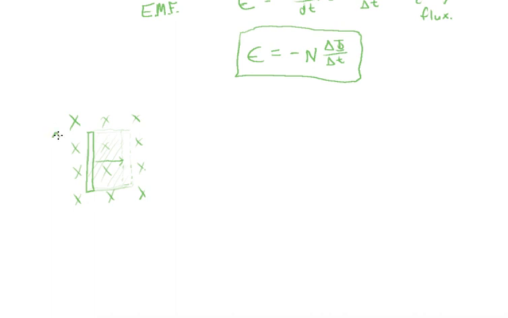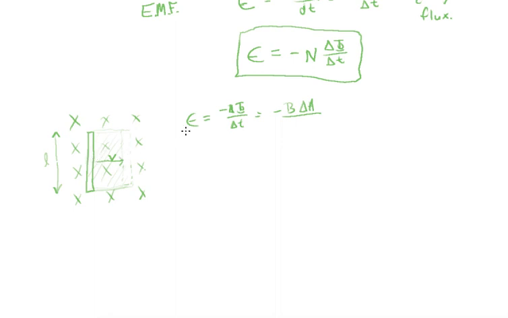And if we look at this bar and say it has a length L, and it's moving at velocity V, then we can say, all right, our voltage is negative change in flux over change in time, and that's negative B delta A over delta T, because we're not changing the magnetic field, we're changing the area, right?